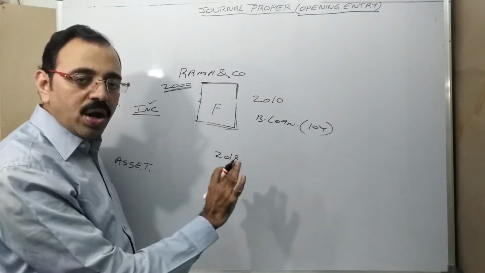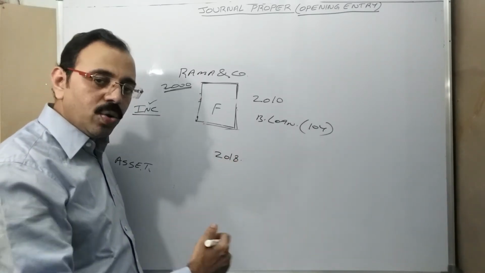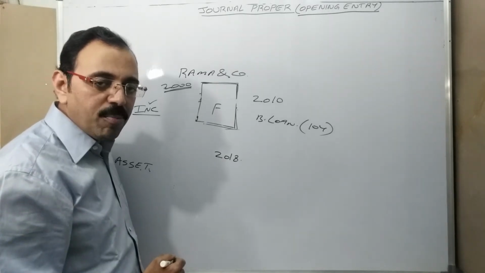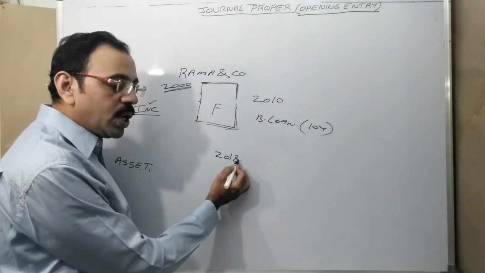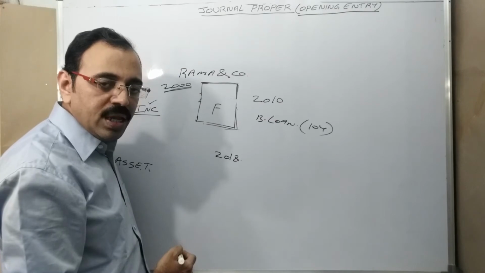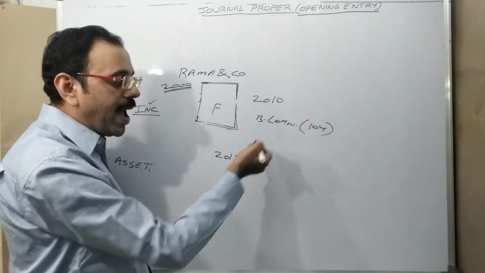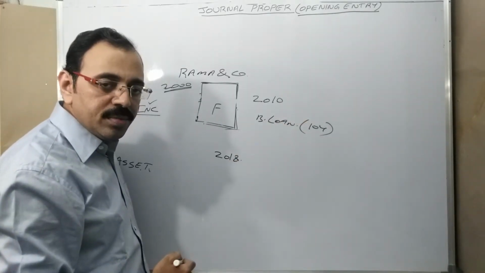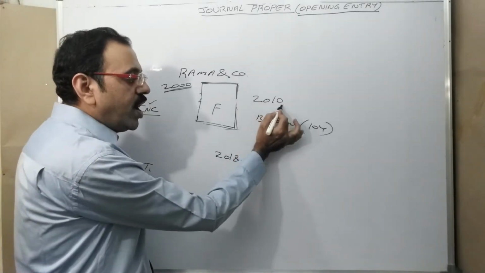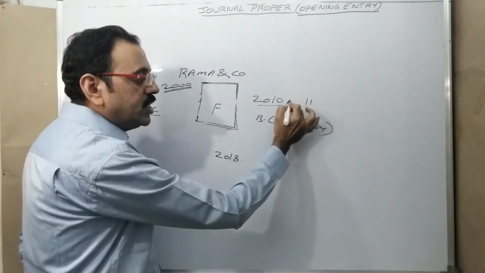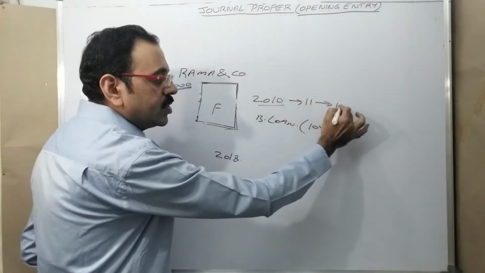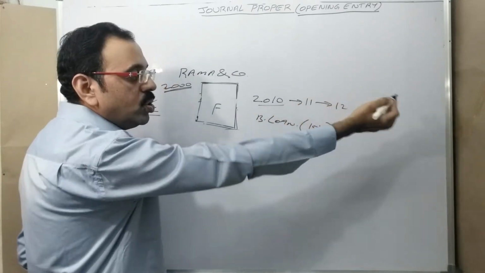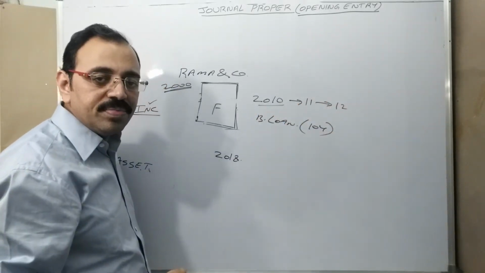Means loan not yet paid. Still loan is there. Then compulsory we should show that loan in our books. In balance sheet liability side that bank loan appears. Means what? From 1 year to next year, loan account is also transferred.